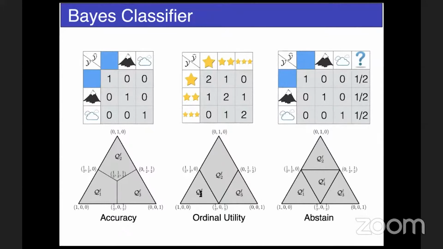That's what is captured here. Of course, if you're in a situation where the movie is clearly 1 star, you have to predict 1 star. But if you are in a certain degree of uncertainty, it might be good to predict 2 stars rather than 1 or 3. That's what this utility is saying. And similarly, you can have the same thing for this utility also. This is called the abstain utility. So this is just a conceptual idea.